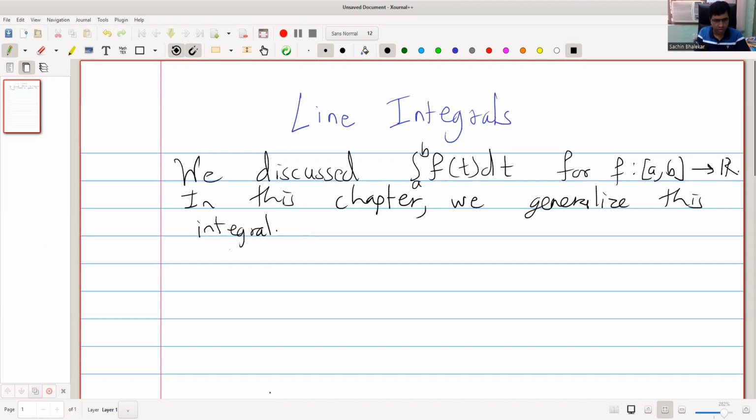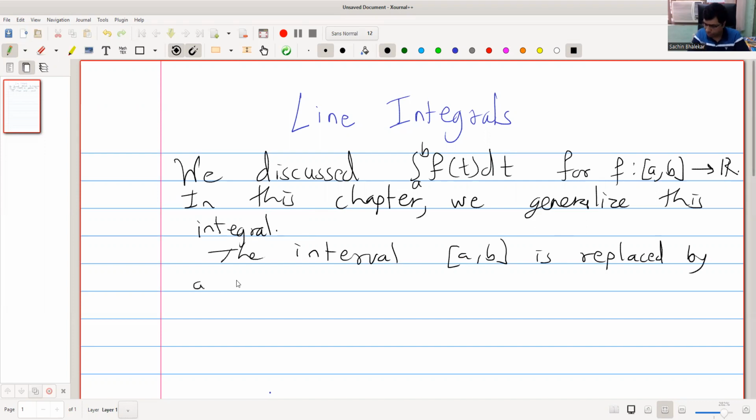So the interval [a, b] is replaced by a curve in Rn.